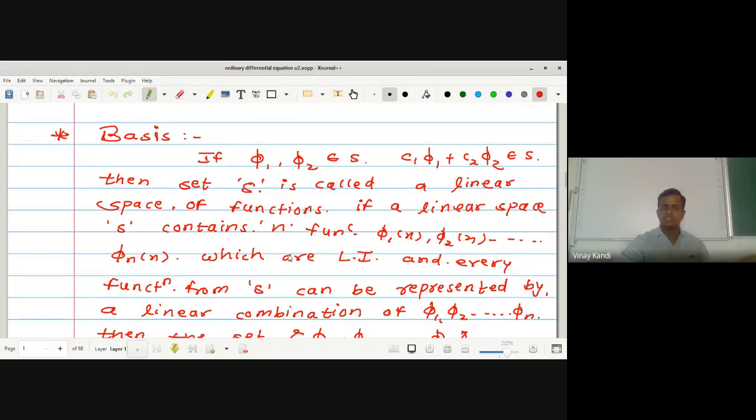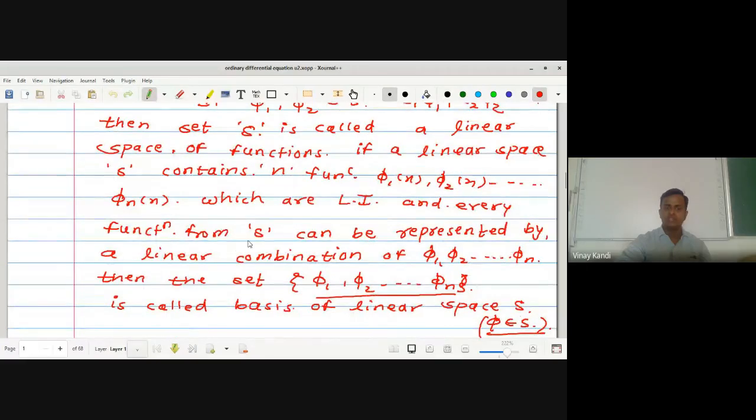If a linear space S contains n functions phi 1, phi 2 up to phi n which are linearly independent, and every function from S can be represented by a linear combination of phi 1, phi 2 up to phi n, then the set is called the basis of that linear space. This set spans the vector space S, and this set is linearly independent. Hence, this set is called a basis.